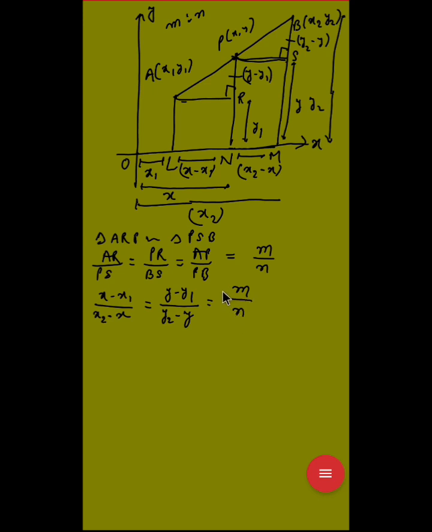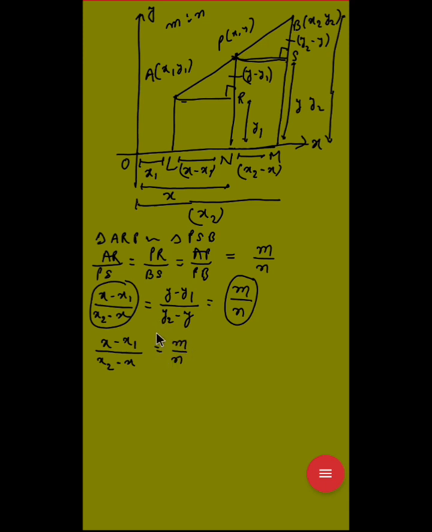Now we are going to find the value of x. First, equate x minus x1 divided by x2 minus x with m by n. Case 1: x minus x1 divided by x2 minus x is equal to m by n.